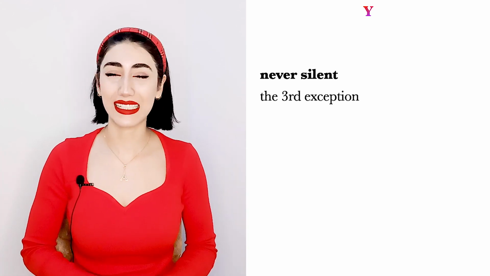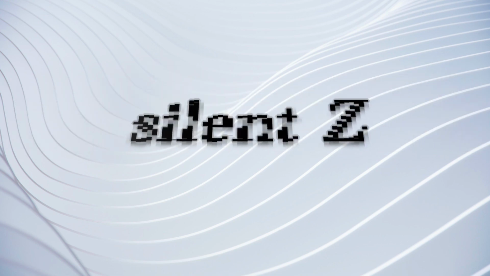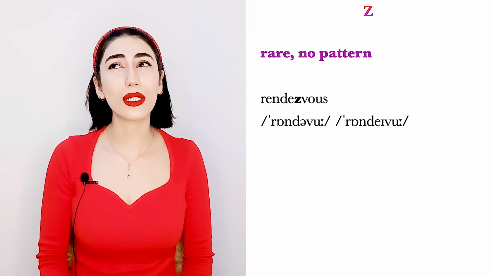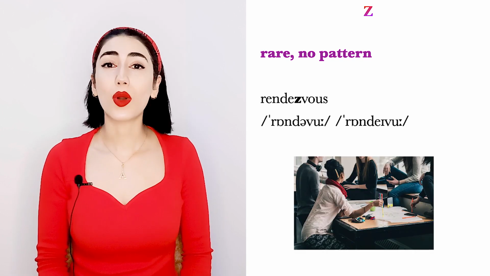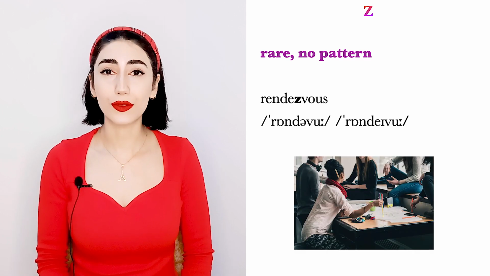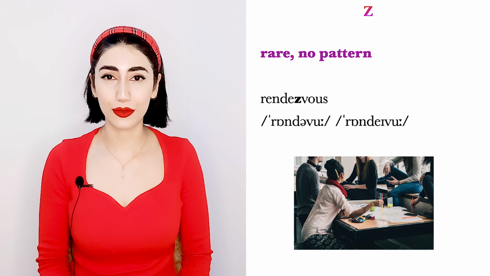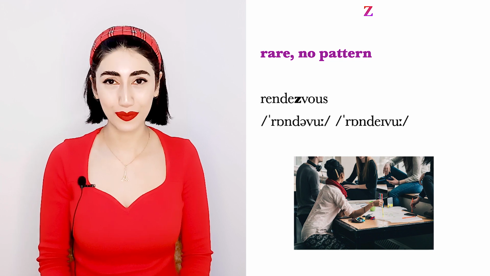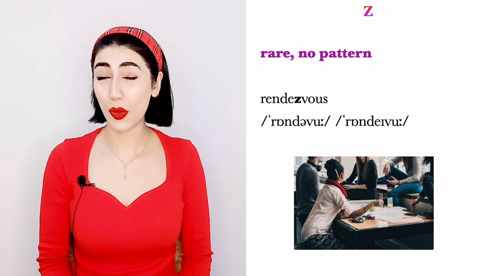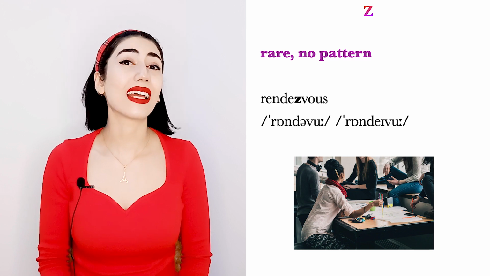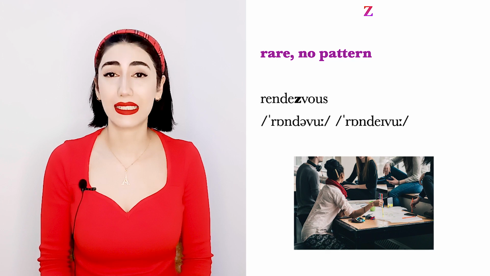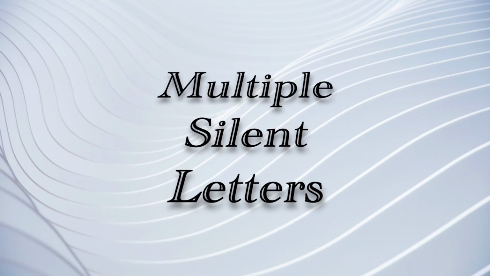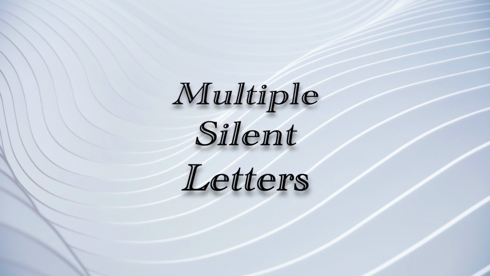The third and last exception. And then Z. Z is silent on really rare occasions. I just found this one. Rendezvous, rendezvous, or rendezvous, rendezvous. And since here you see both Z and S are silent, let's now go through the complexities of silent letters when we have multiple silent letters in just one word.